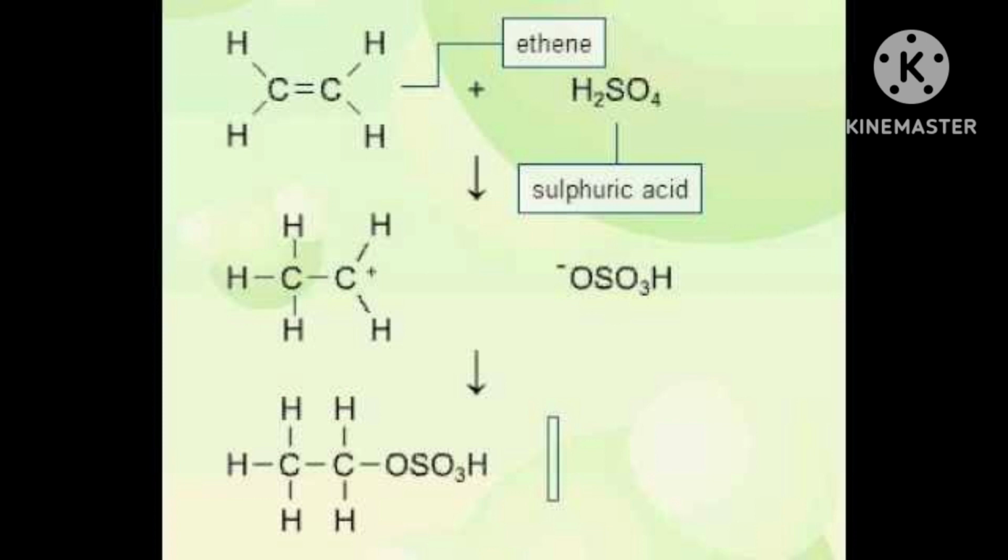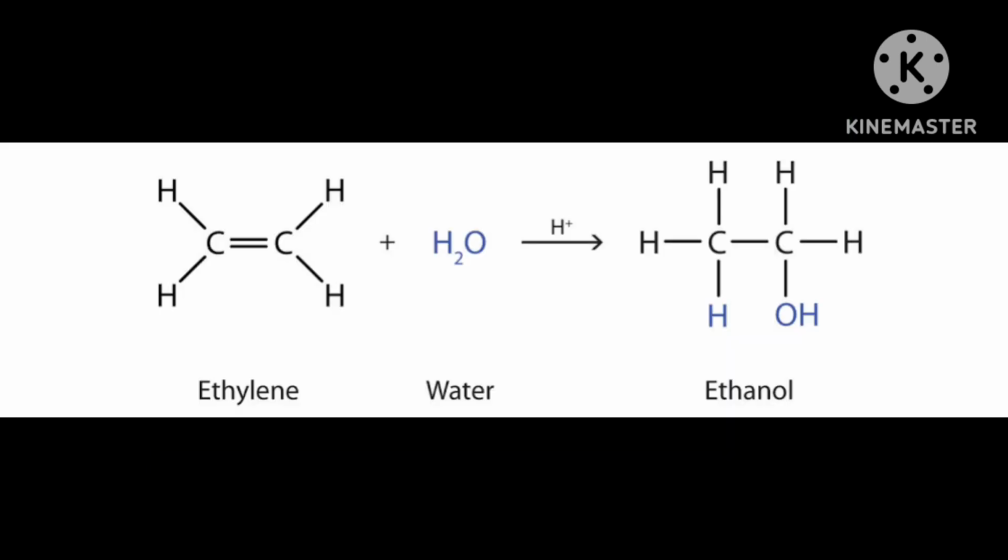Now again I am telling you, same reaction. If propene is there, then what will happen? Propene plus H2SO4, cold, concentrated H2SO4. Then the same situation will happen, only a methyl group is attached. From the ethylene, one hydrogen is gone and one methyl group is attached.